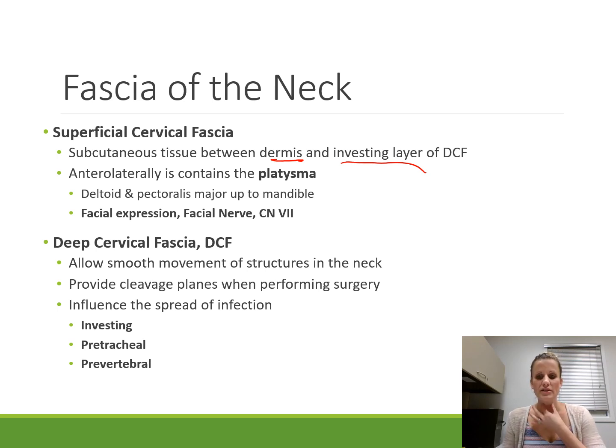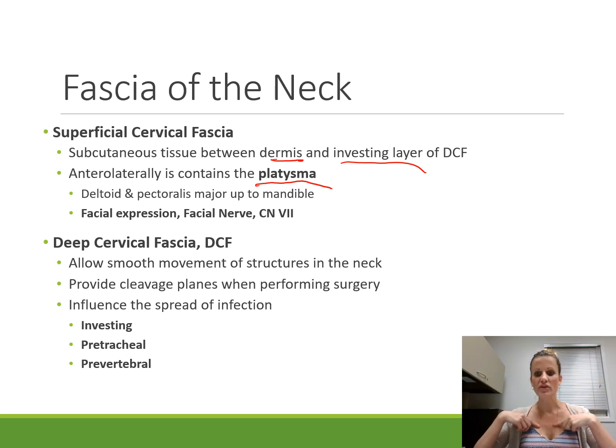Also, when we look in the anterior and lateral regions of the superficial fascia, we see that it contains a muscle called the platysma. The platysma is a really flat sheet of a muscle. It begins at the superior regions of the deltoid muscle and the superficial pectoralis major.